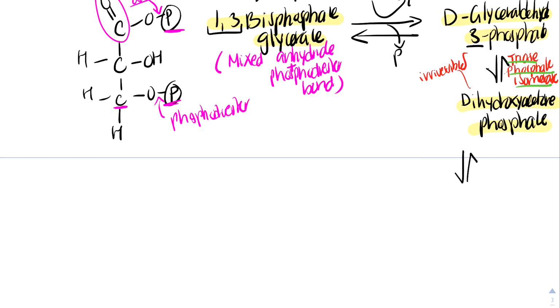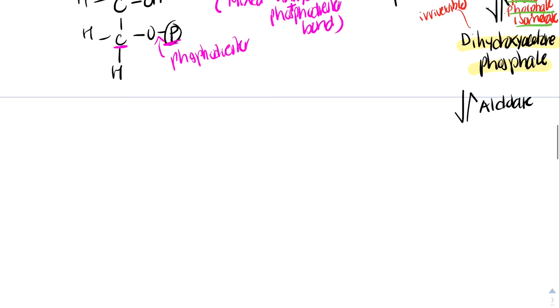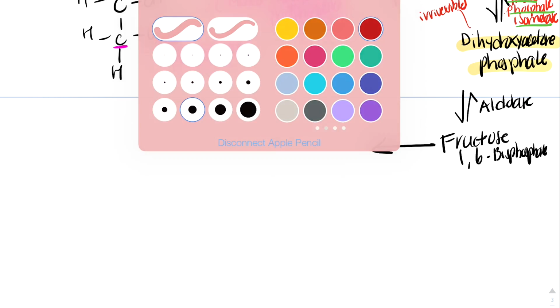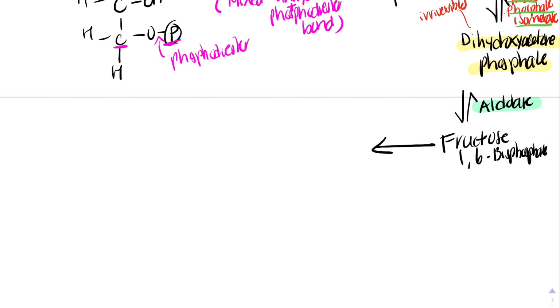So we can use aldolase enzyme, and we make fructose 1,6-bisphosphate. And then we can use, I'm going to highlight these enzymes in green so we don't lose them.